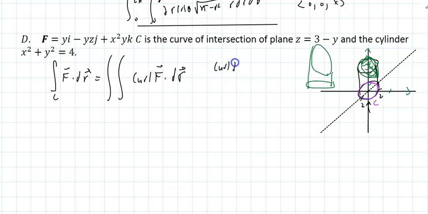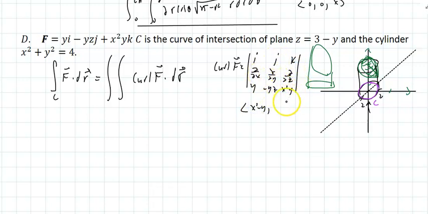The curl of f: i, j, k, partial with respect to x, partial with respect to y, partial with respect to z. And we're looking at y, negative yz, and x squared y. That would be x squared minus y, and that would be 2xy minus 0, and it's negative, and the k component will be 0 minus 1.